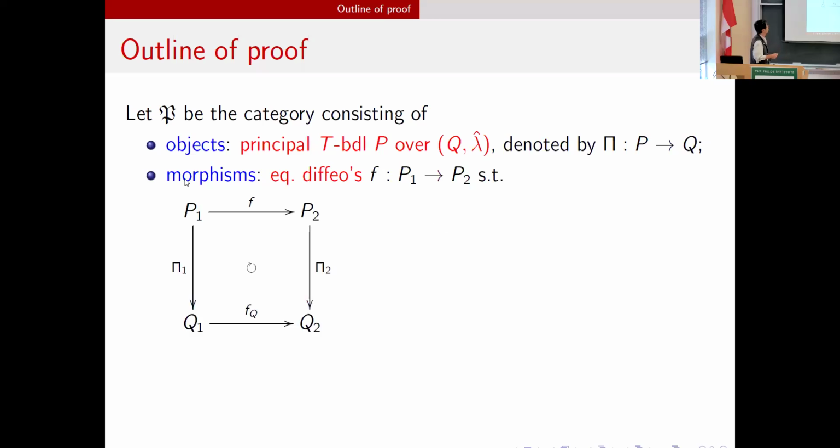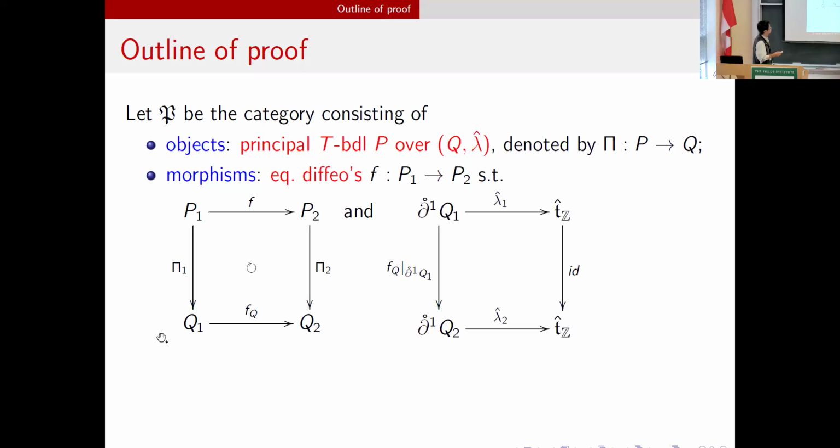The first one is that F descends to a diffeomorphism from Q1 to Q2 which commutes with the projections. Moreover, there is a diffeomorphism f_Q from Q1 to Q2, and when we restrict to the depth 1 points, this diffeomorphism preserves the unimodular labeling.